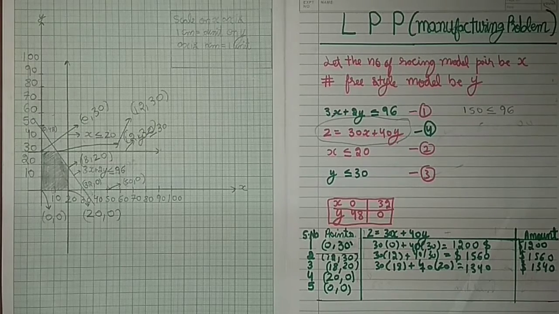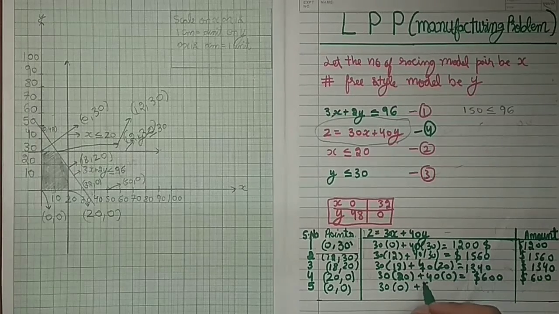Now if we put 20, 0, then we get $600. And if we put 0, 0, then our net amount is $0.